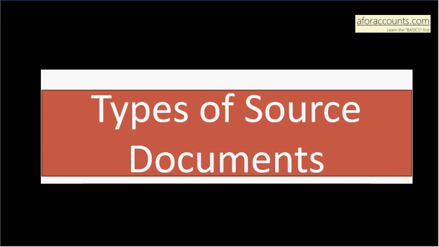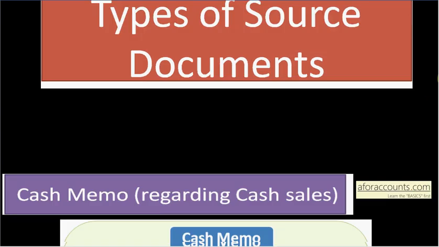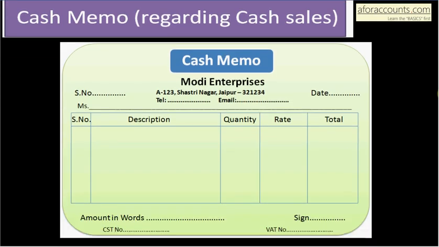Under source document, let's start with the types of source document. The first source document we will study is the cash memo, and a cash memo is prepared for cash sales.